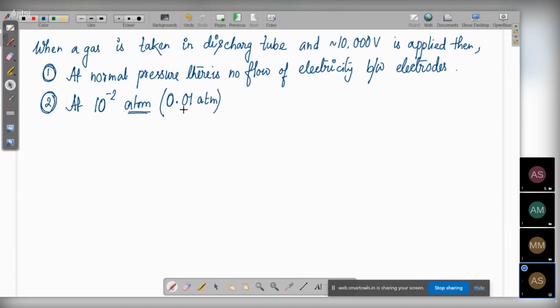So at this pressure, when the pressure was reduced, he found that electricity flows and light is emitted.